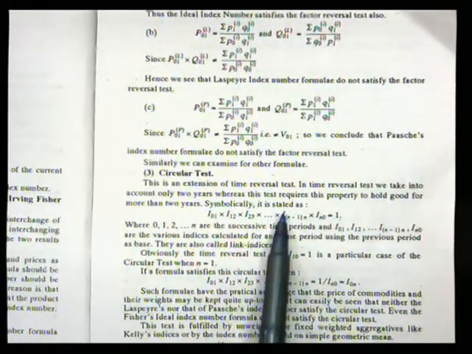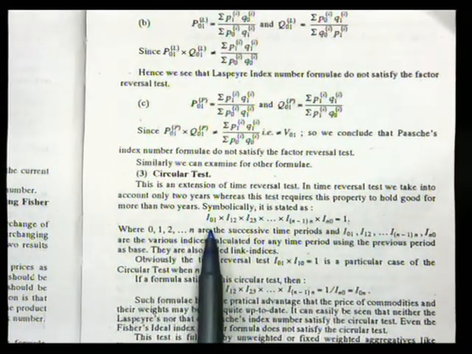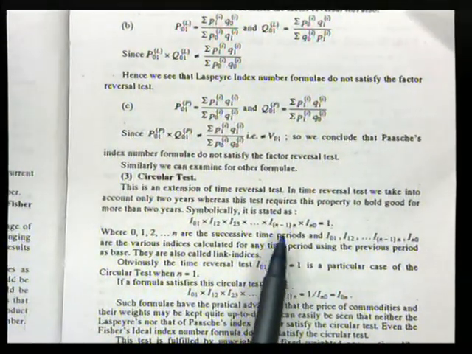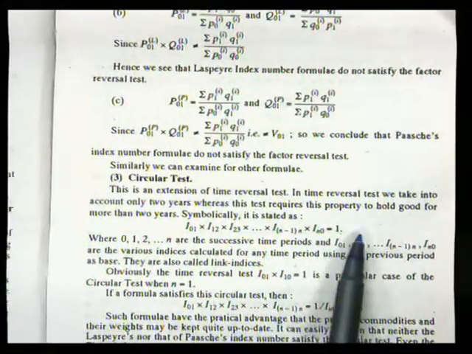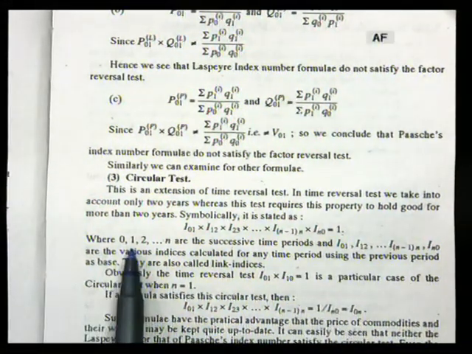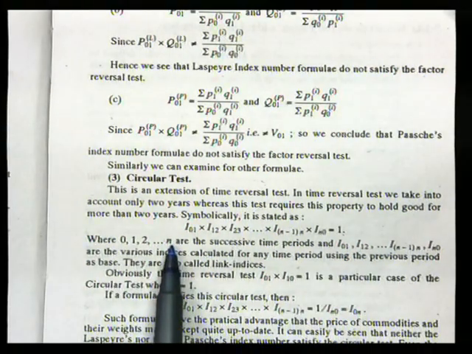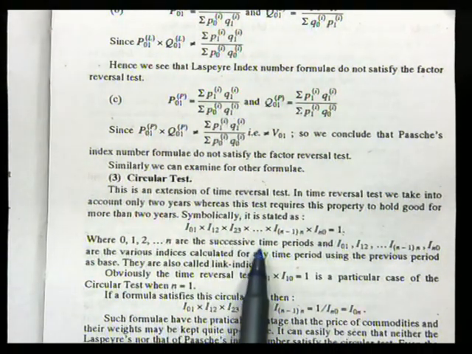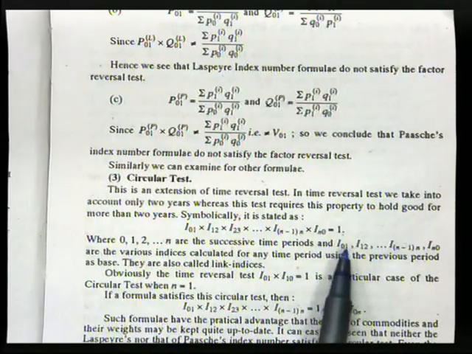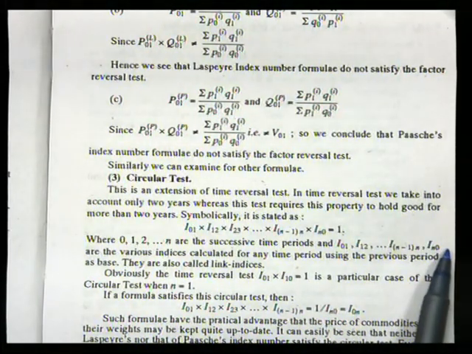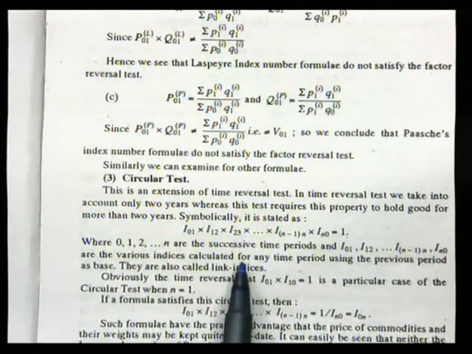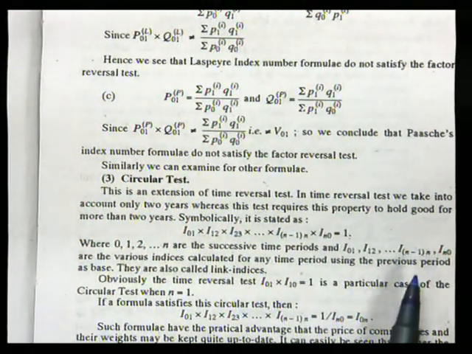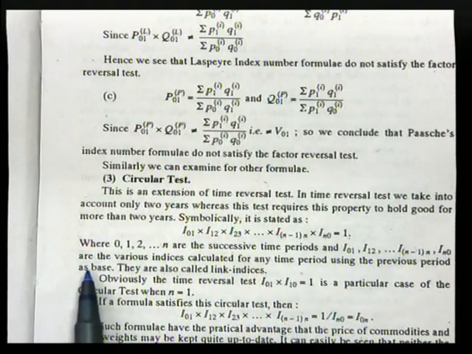Symbolically, it is stated as I01 into I12 into I23 and so on into In-1n into In0 equal to 1, where 0, 1, 2 and so on up to n are the successive time periods and I01, I12 and so on are the various indices calculated for any time period using the previous period as base period.